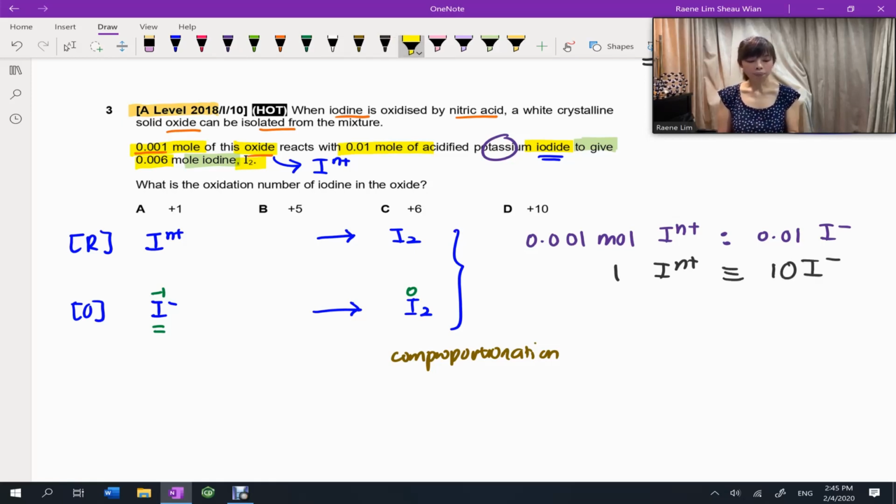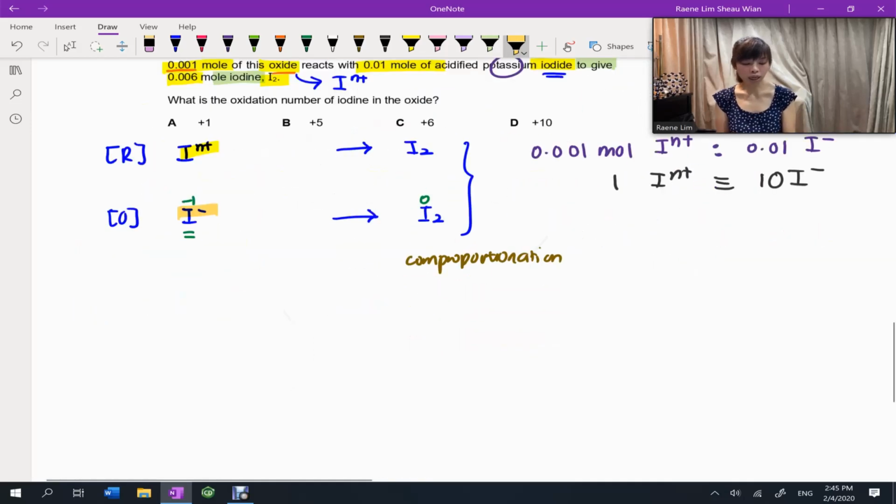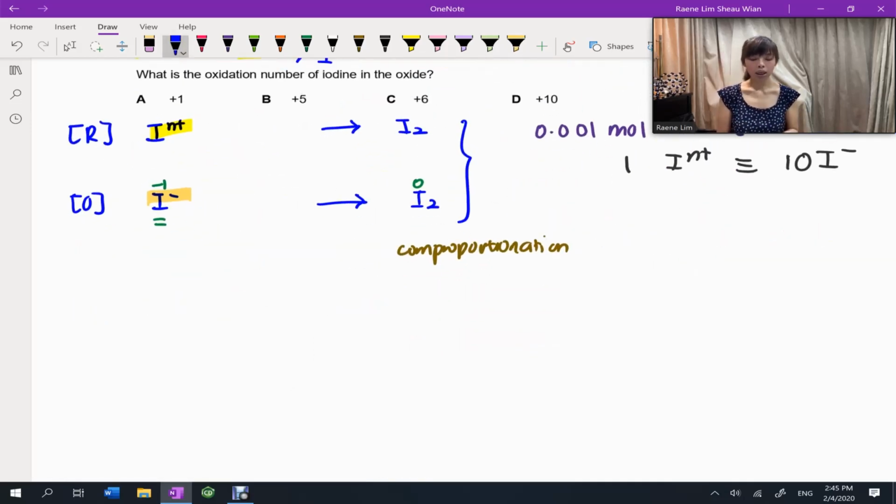Now, bear in mind, we go back to the half equation, the reduction and oxidation half equations, to find out what is my unknown and what is my known. The unknown is this, and the known species is I minus, which means I need to balance the half equation between I minus and I2. First step, make sure the iodine atoms are balanced. So there are 2 I minus.